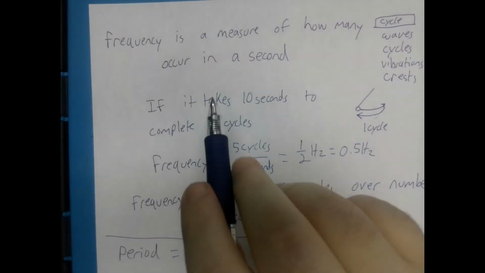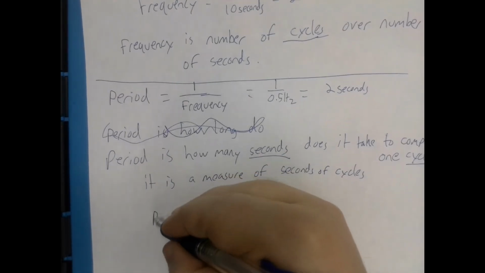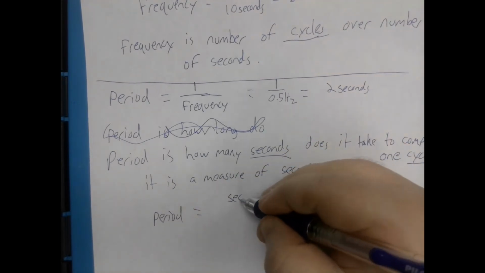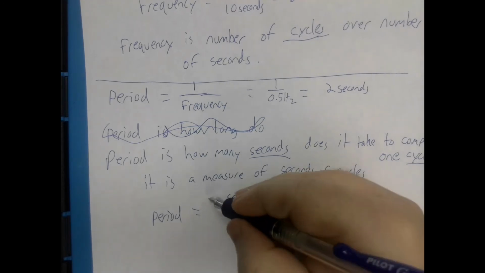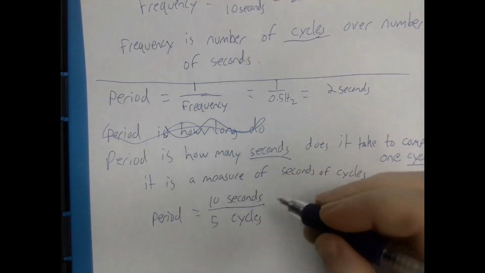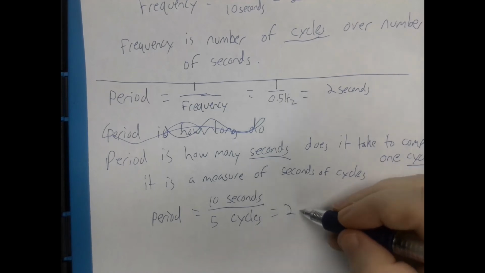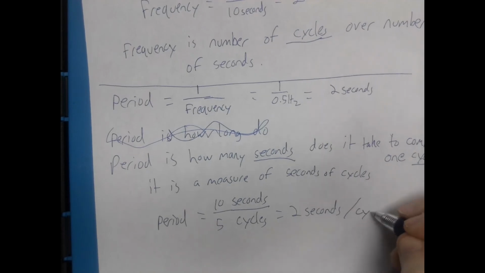So it says it takes 10 seconds to complete 5 cycles. I could have just put that period was seconds over cycles. So it was 10 seconds for 5 cycles. And I can drop the cycles, and that gives us 2 seconds. So 2 seconds per cycle.